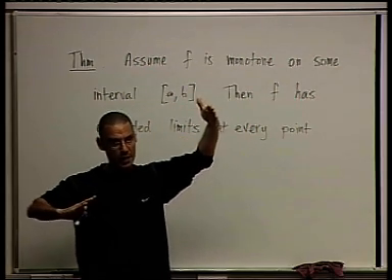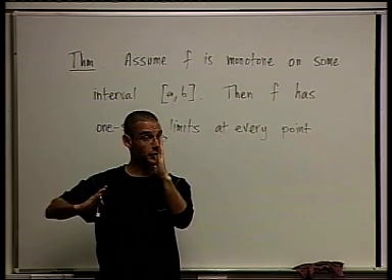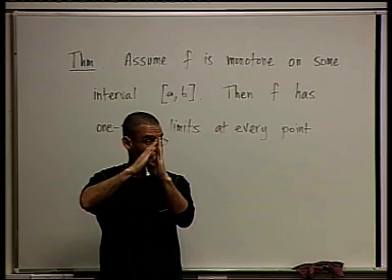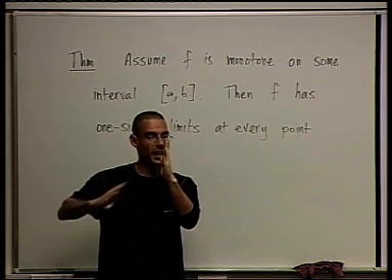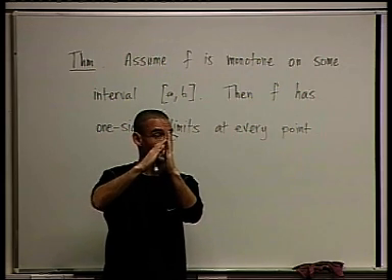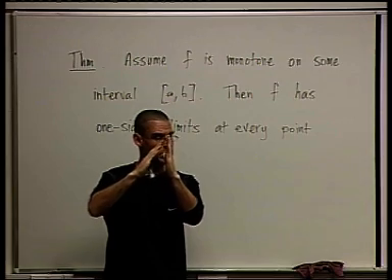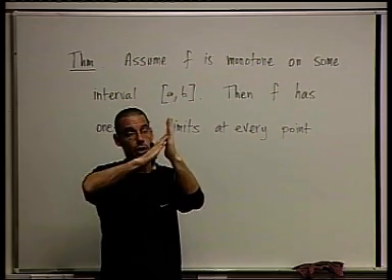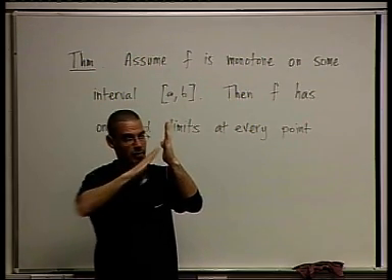But if you approach a point from the left along a monotone function, what's the limit going to be? What is the value that you're going to approach? Try to think.